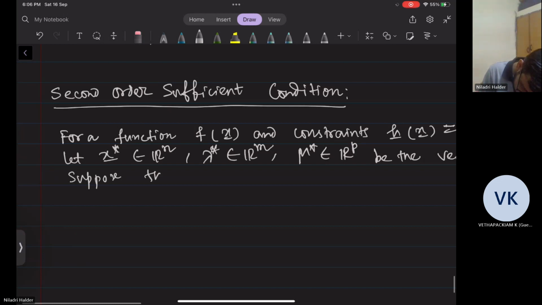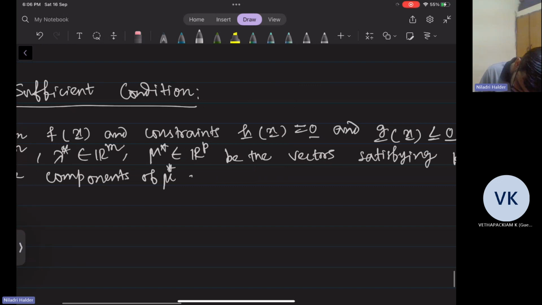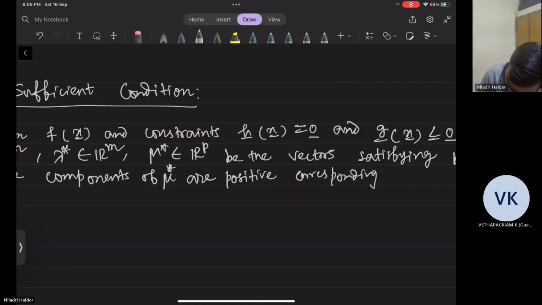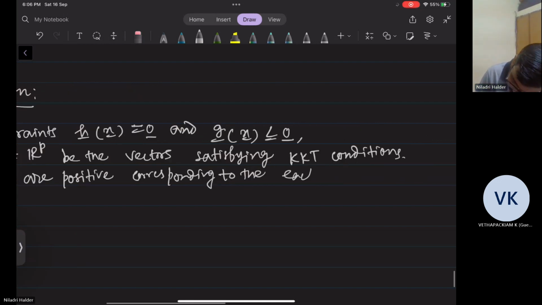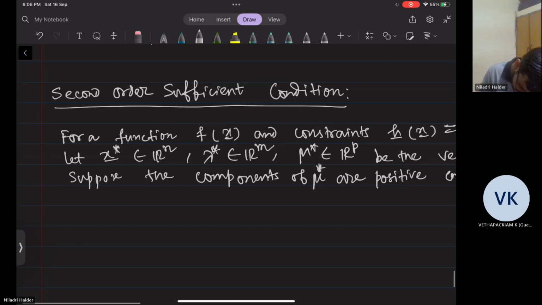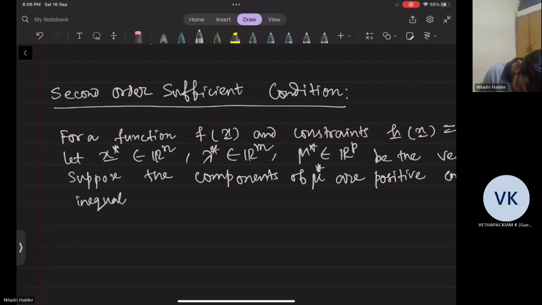Suppose the components of mu star are positive, corresponding to each of the active inequality constraints.